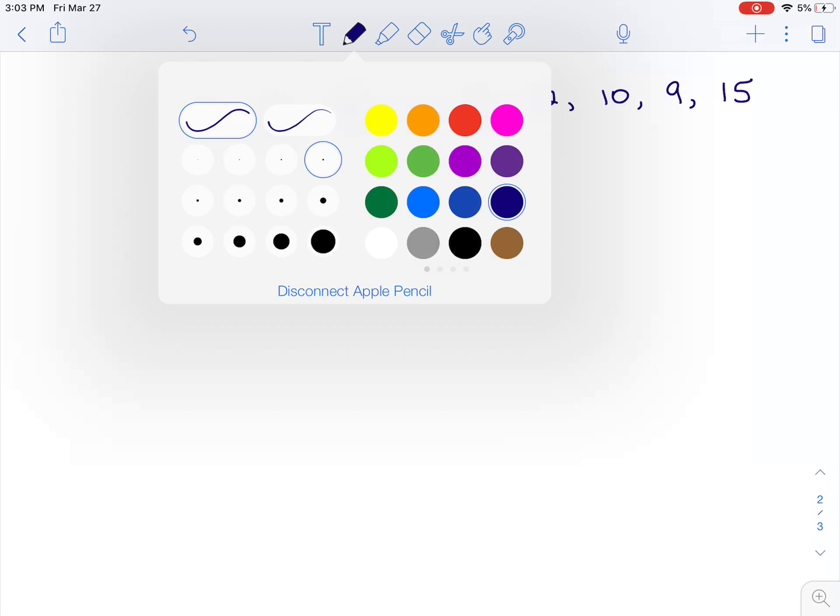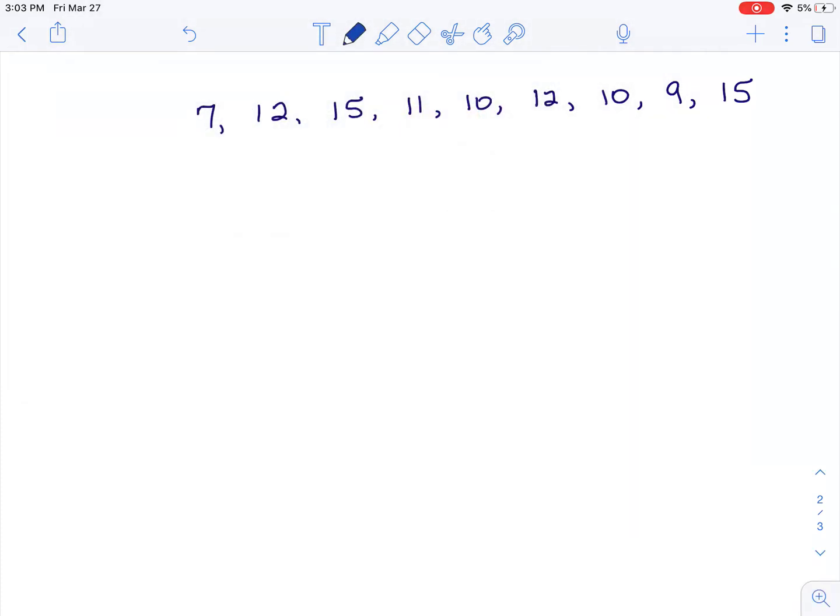Okay, let's look at one more example. I'm not going to use 2 as the smallest number this time. Okay, so first thing you need to do is you need to put these numbers in order. So my smallest number is 7. And then 9.